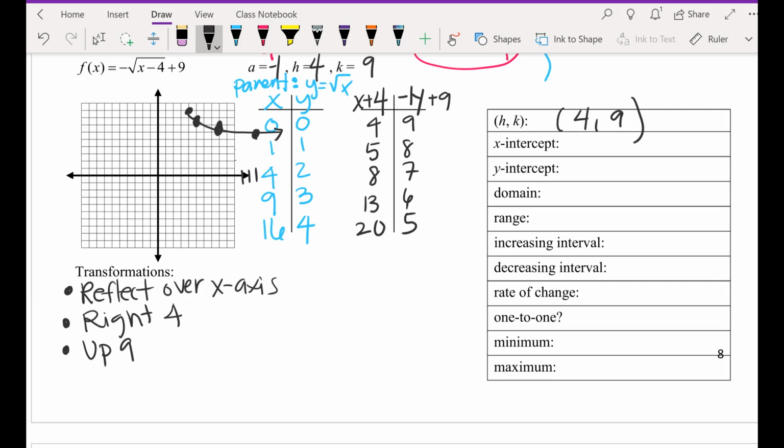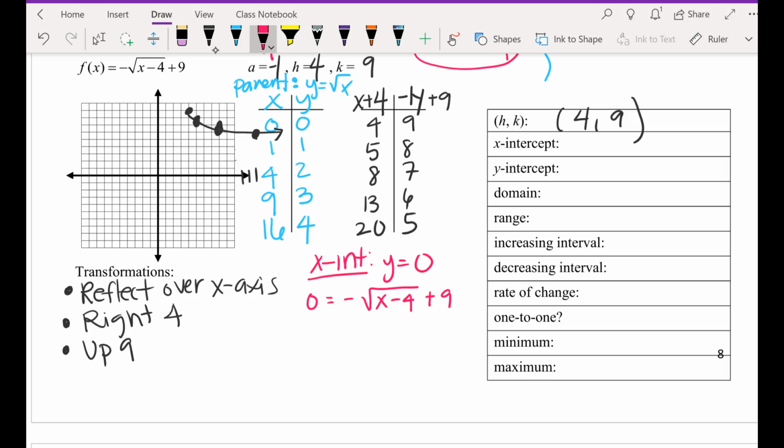So if you can't see it, you have to solve for it. X-intercept is when y equals 0. That means 0 equals negative square root of x minus 4, plus 9. Okay, step number 1 in solving for x, what do you move?